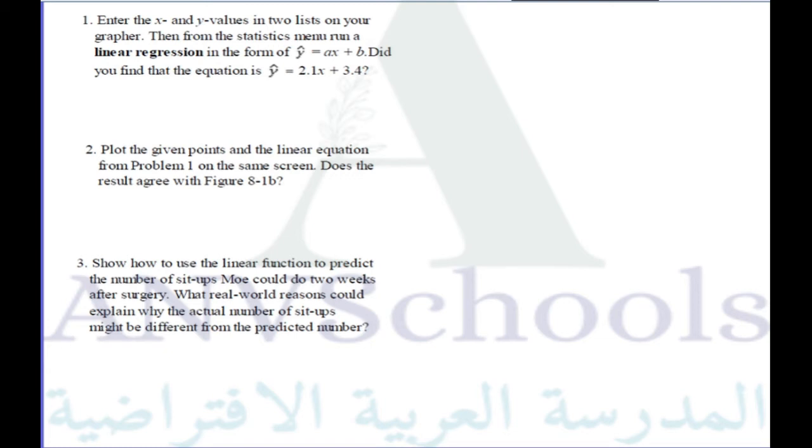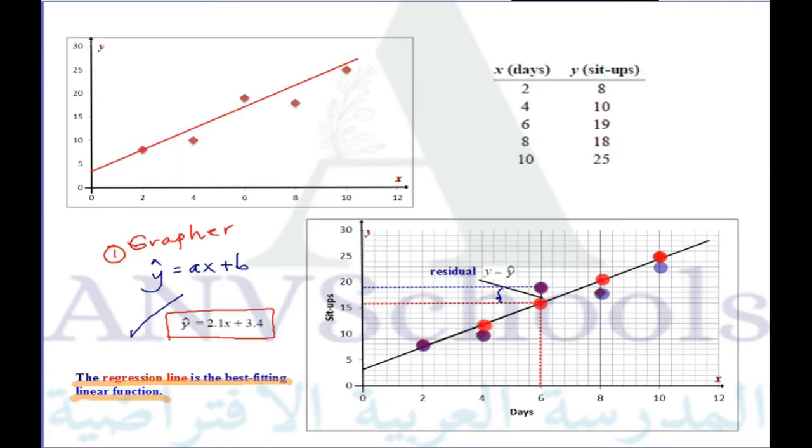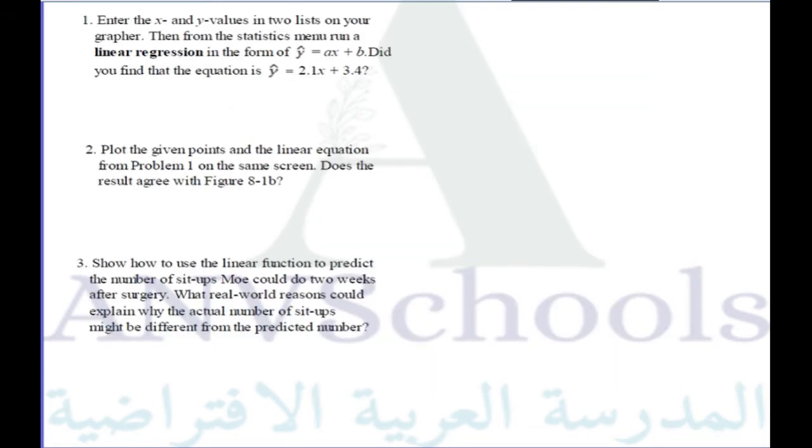For x values we have 2, 4, 6, 8, and 10. And for the y values, we have 8, 10, 19, 18, and 25. Then from the statistics menu, run a linear regression in the form of y hat is equal to ax plus b.